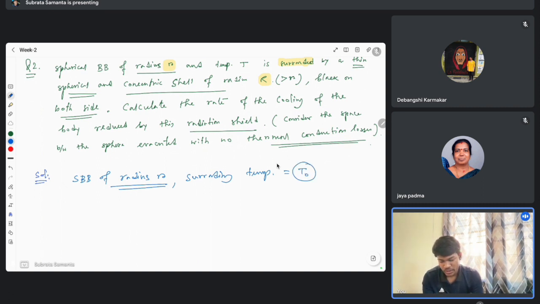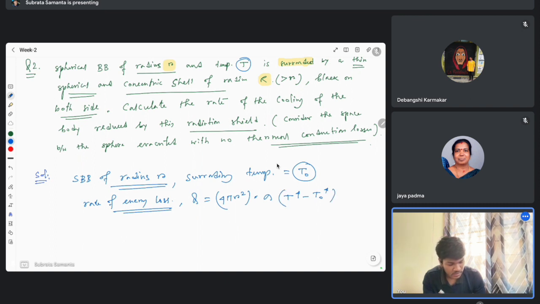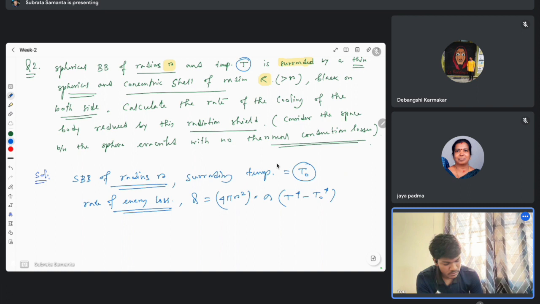So the rate of energy loss of the black body, Q, that is the power emitted by the black body, is Q equals 4 pi r squared times sigma times T to the power 4 minus T naught to the power 4, where T naught is the surrounding temperature and T is the black body temperature. The black body temperature is higher, so T is greater than T naught, which is why it emits.